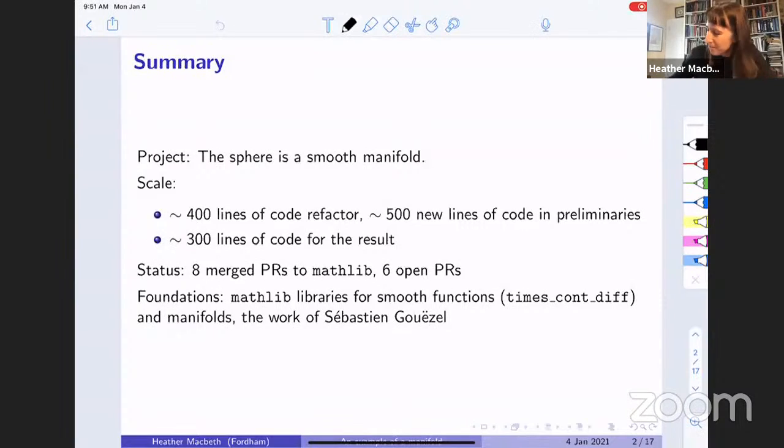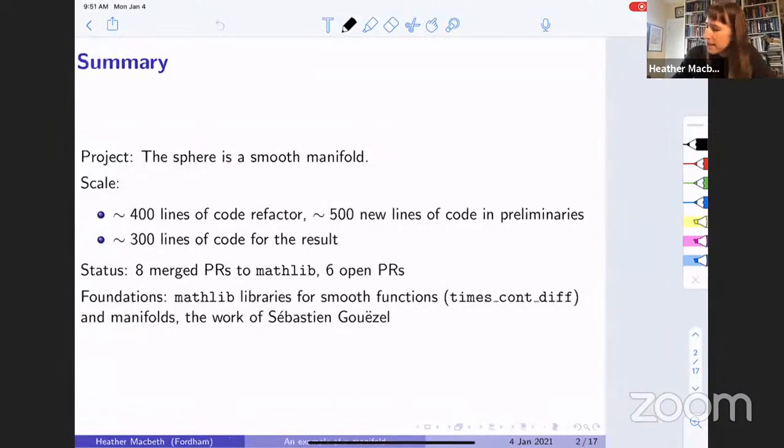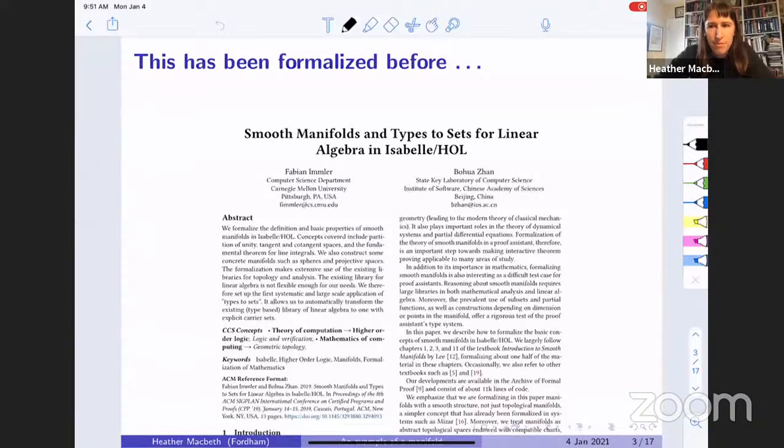I also want to mention that this is not new to formalization. So this was previously formalized in Isabelle, in their manifolds library, which came out a couple of years ago in January 2019 in CPP. So the Isabelle manifolds library, written by Fabian Immler and Bohua Zhan.